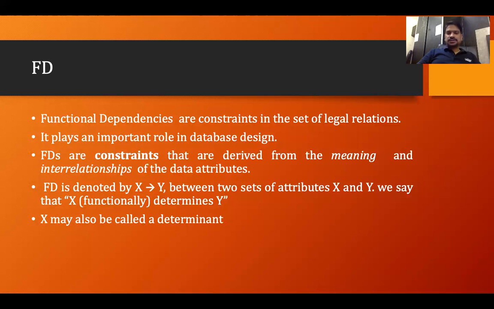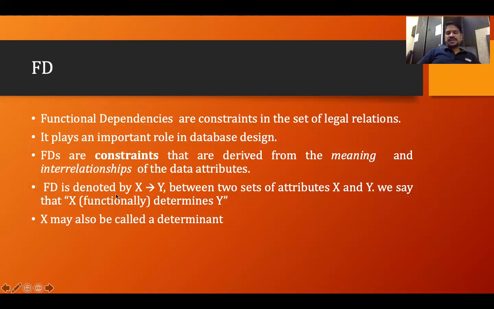So what will happen? One attribute may depend on another attribute in one table. That particular thing is called some restriction, some constraint. That is the constraint that we are talking about in functional dependency.